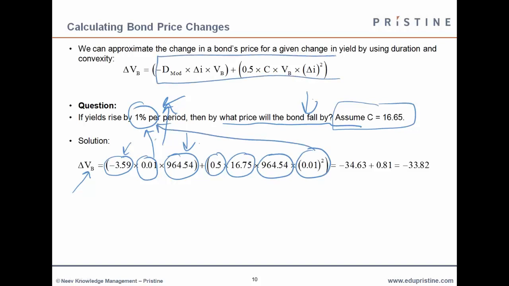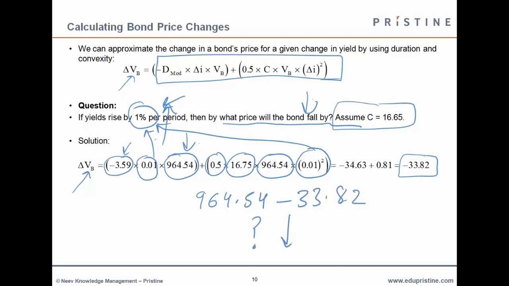So I used this formula and I got the change in price. This one is much more accurate, which is minus 33.82. So my new price is 964.54 minus 33.82. Whatever it is, it's going to be less than the original price because yield has gone up by 1%. So once again, you've got a formula to compute the change in price given the change in yield.